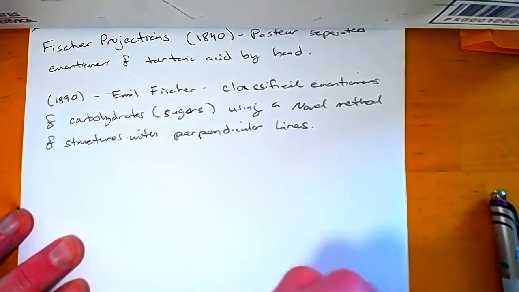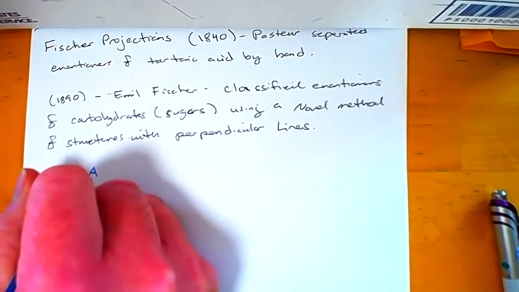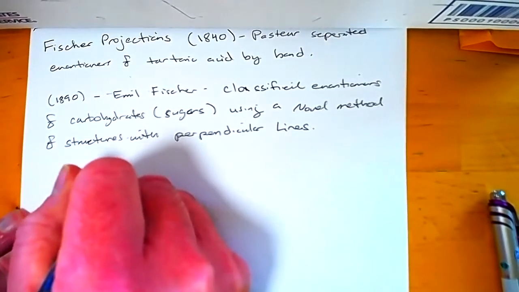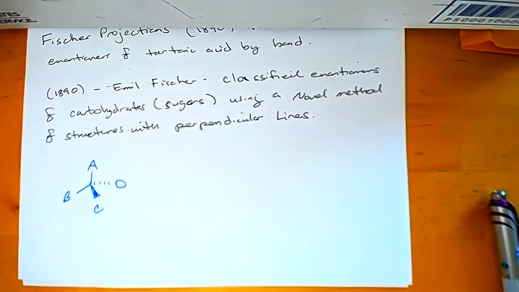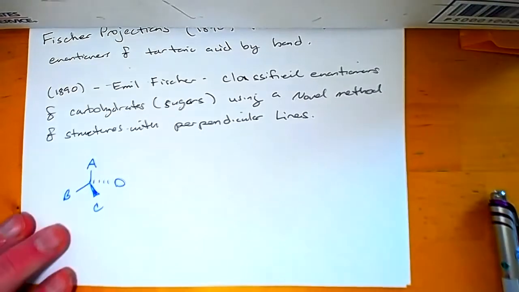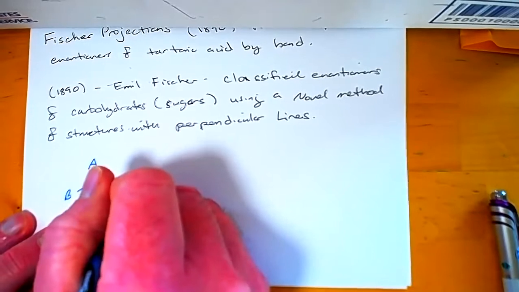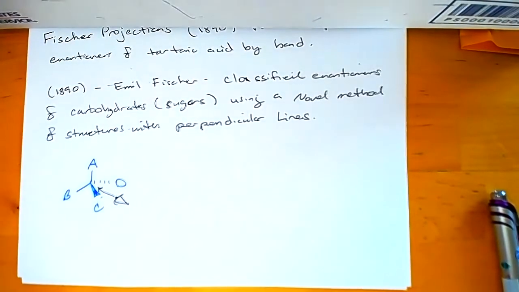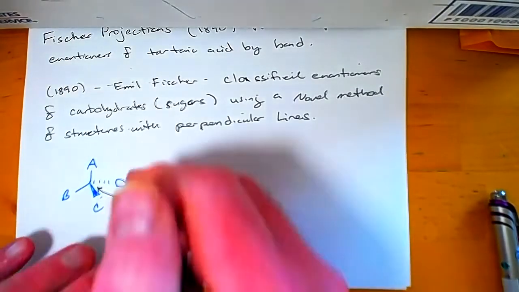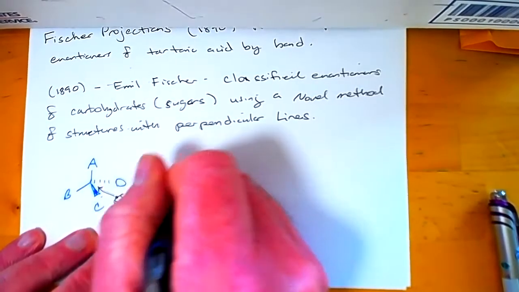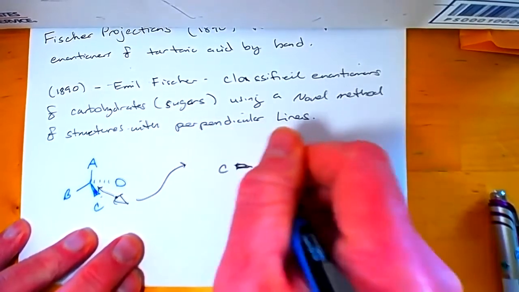Now, the way that these work is if you have a tetrahedral center. So let's say we have this compound here, A, B, C, D. That's a tetrahedral center. And you view that, your mind's eye looking straight head on, so that C and D are coming towards you and A and B are going away from you. That gives you a representation of something that looks like this.